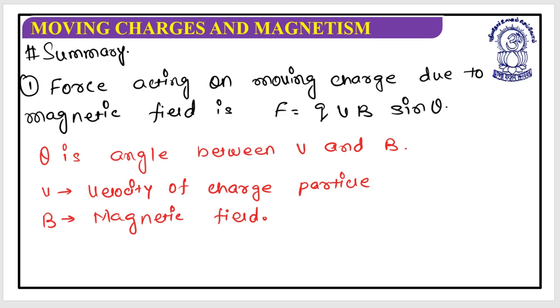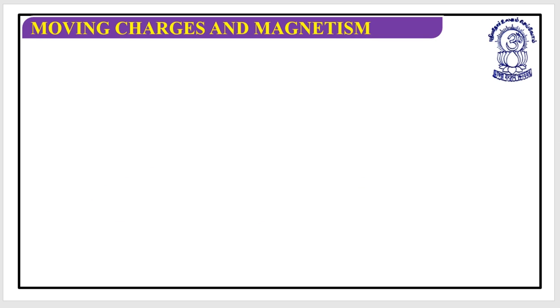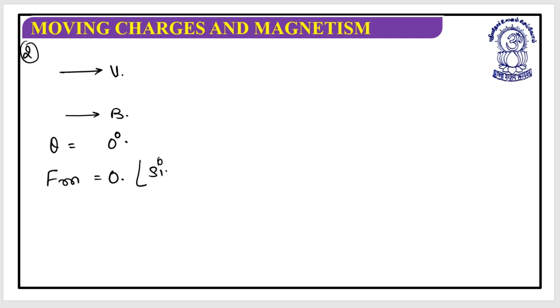So from this we understood that if this is V and this is B, then in this case theta is equal to 0 degrees. In this case, the magnetic force would be equal to 0, because sine 0 degrees is equal to 0.